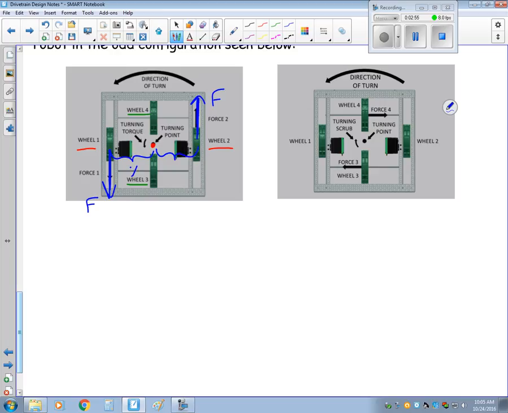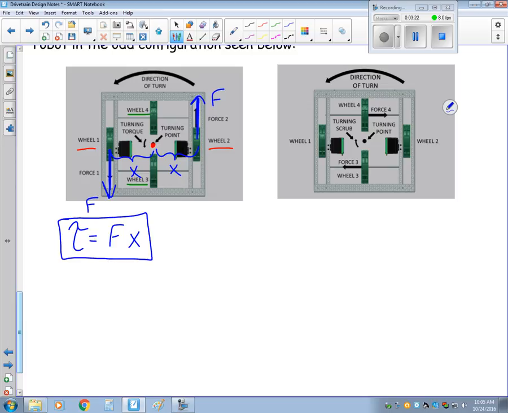Let's call these X, and they're both the same value. So the amount of torque that this robot is turning with would equal the force times X, because that force is perpendicular to that value X. So that's how much turning torque we have available.